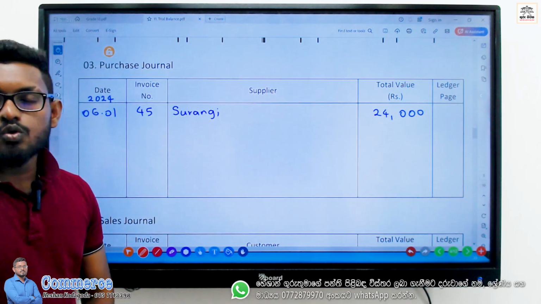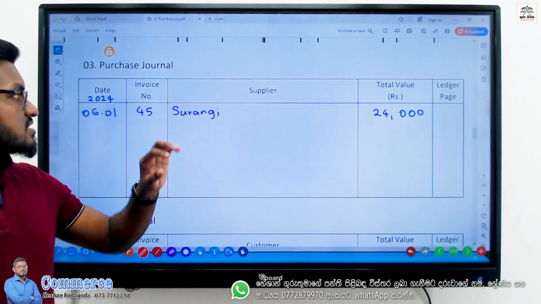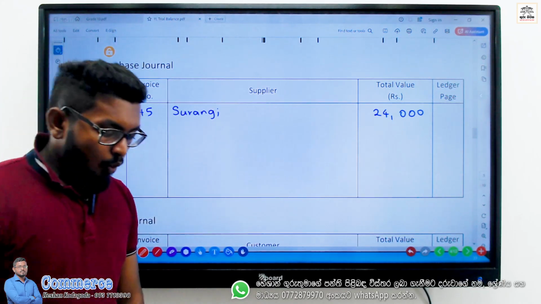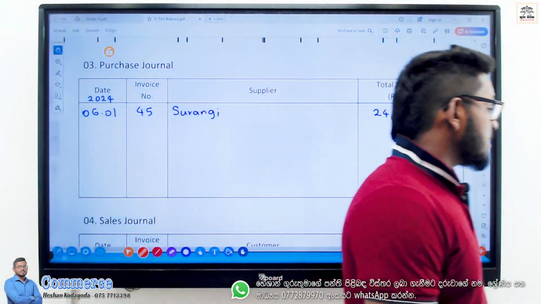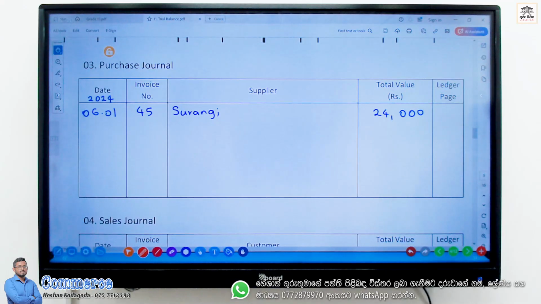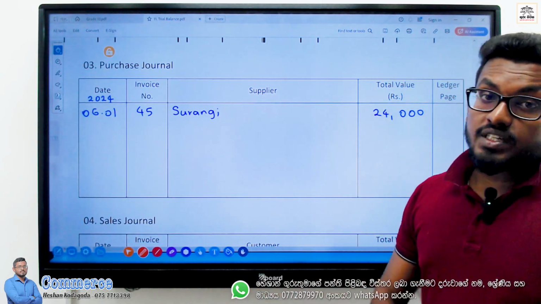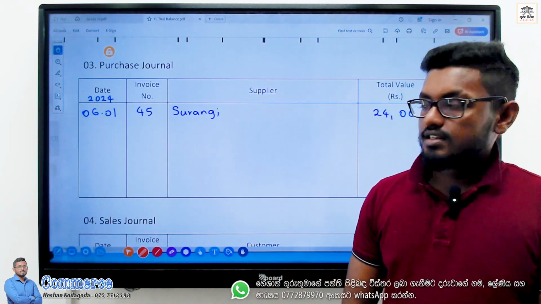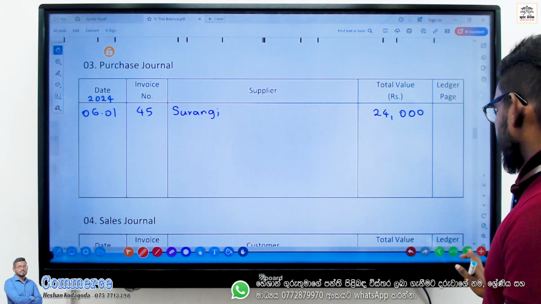And also, since the purchase journal is not performing the dual function, both double entries should be recorded in the ledger. Can you remember, guys? But at the end of the month, we debit the purchase account. Till then, we credit the creditor's account. Creditor Surangi account 24,000.